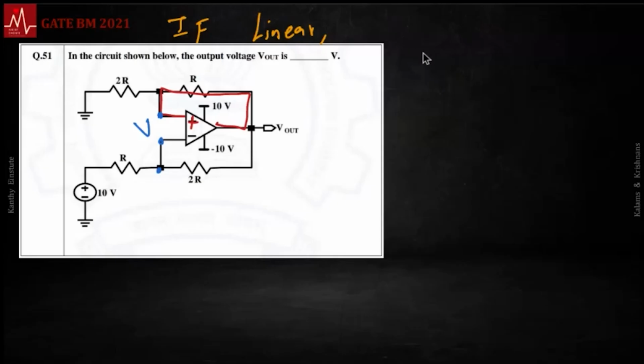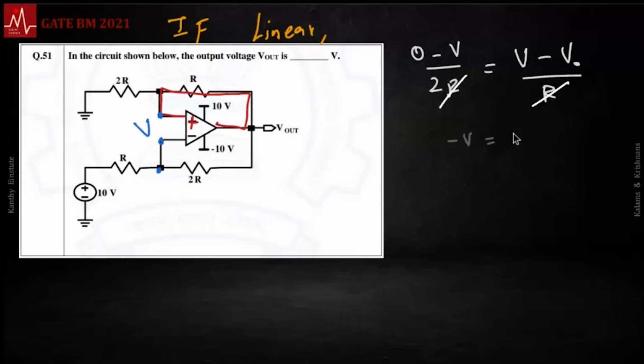That gives you 0 minus V by 2R equals V minus V out by R. Simplify this, R and R get cancelled, so that equation is minus V equals 2V minus 2V naught. This is 3V minus 2V naught equals 0.